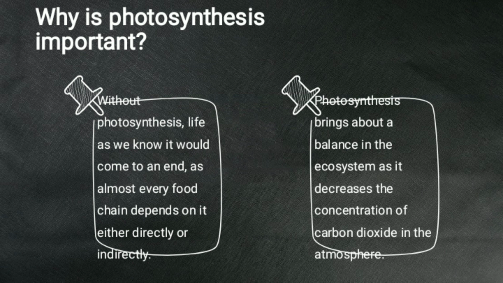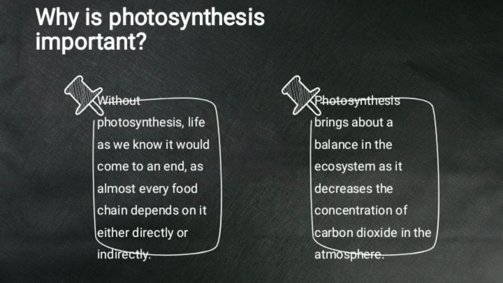Producers such as algae, seaweed, grasses, and phytoplankton all require photosynthesis to make their own food. Photosynthesis brings about a balance in the ecosystem as it decreases the concentration of carbon dioxide in the atmosphere.